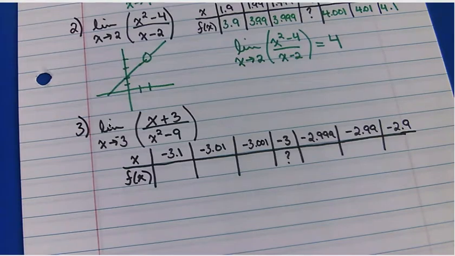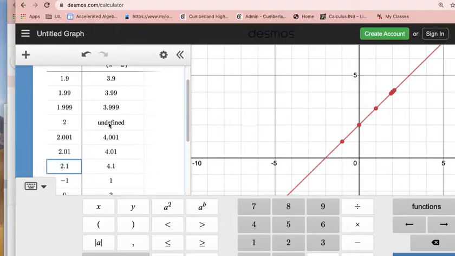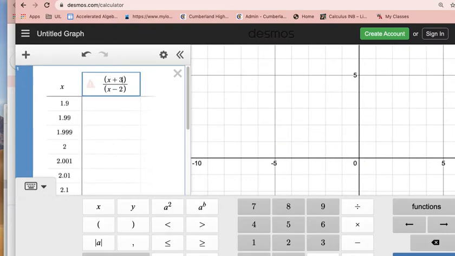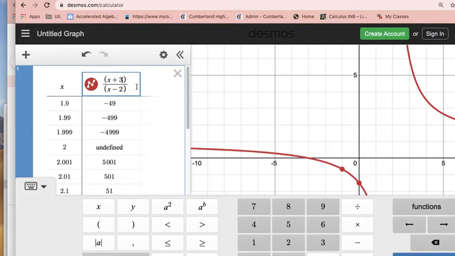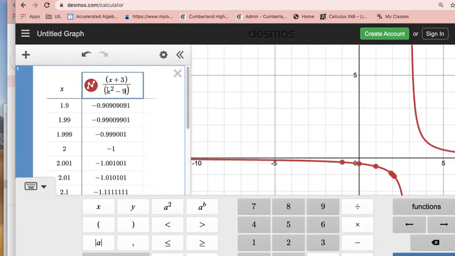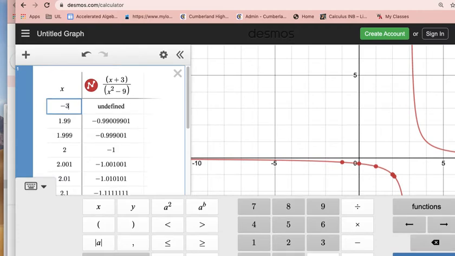Again, I'm going to use Desmos to create the table. So I'm going to go back up here and change this to be x plus 3. Ooh, we get a nice hyperbola. And in the bottom, x squared minus 9. And I also need to change the table here. So I'm going to change that to be negative 3.1.